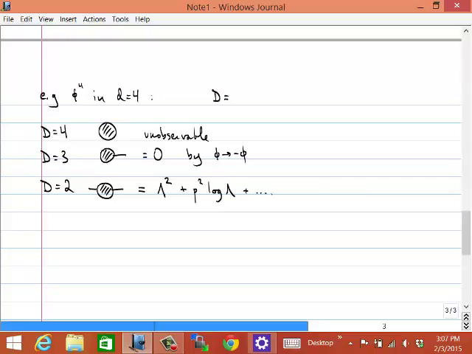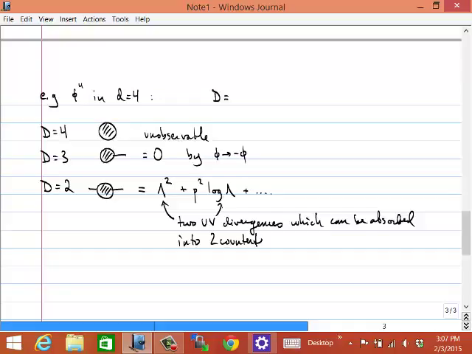And at higher orders in P, you'll get finite terms. So here we have 2 UV divergences, which can be absorbed into 2 counter terms, namely the wave function renormalization of phi and the mass renormalization.